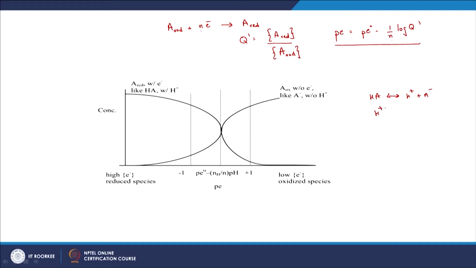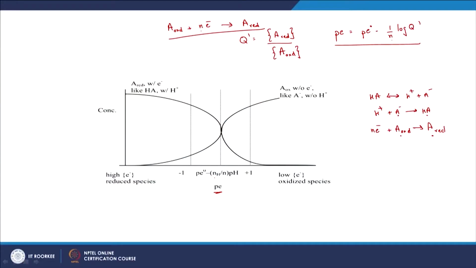Similar to our equation here, n electrons plus A oxidized form goes to the reduced form. There it's the compound without the proton, here it's the compound without the electron; there it's the compound with the proton, here it's the compound with the electron. That's obviously layman's terms, but helpful in understanding the system.